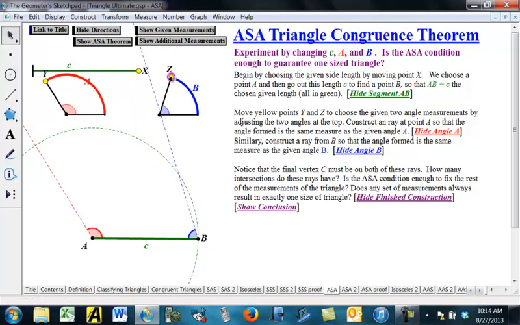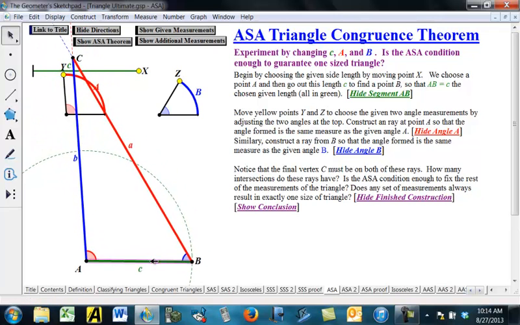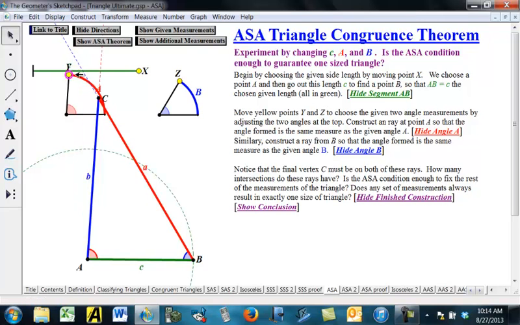If they add up to more than that, then they point apart. But if they add up to less than 180 degrees, then they will point toward each other, and they will eventually cross at some point. Of course, we know the three angles must add up to 180 degrees or pi radians, and certainly if two of them add up to 180 degrees or pi radians, then there's not enough room for the third angle. So that's not going to work, and that's really the only way we can mess this up.